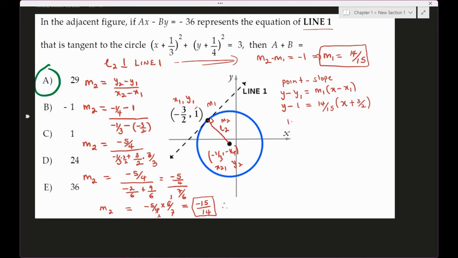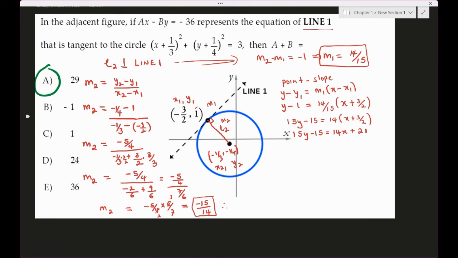With this, we can multiply both sides by 15. So 15y minus 15 equals 14 times x plus 3 over 2. Now 15y minus 15 equals 14x plus 14 multiplied by 3 over 2. The 2 will reduce this 14 to 7, so we have 7 times 3, which gives us 21.